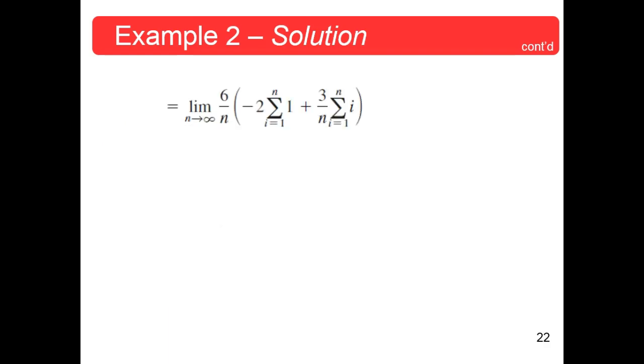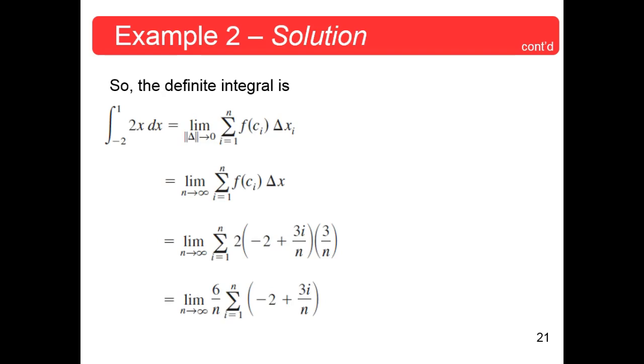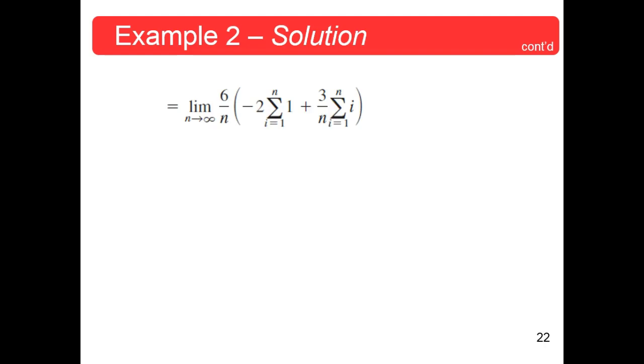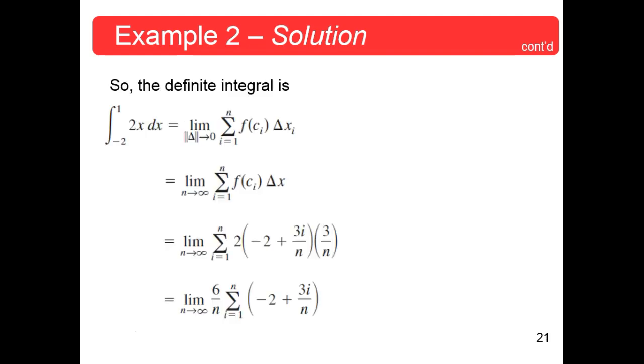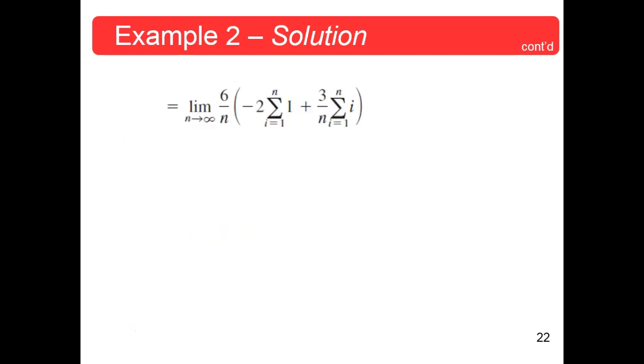So that'll be the limit as n goes to infinity. Basically, they take the minus 2 outside the summation and just leave a 1 there. So that's what the first part does. And then they pull the 3 over n outside the summation and just do the summation of i. We know what both of these are. This is just n, right? And this one's n times n plus 1 over 2.